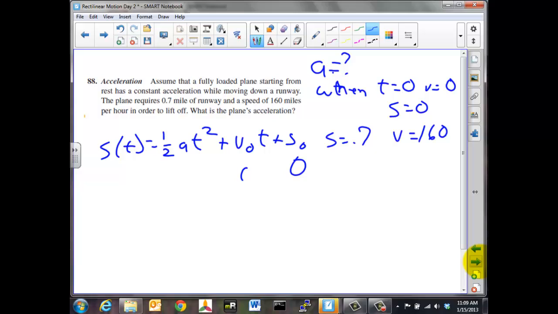All right. So then our position is 1/2 at squared. That's it. If that's our position, what's our velocity? At.